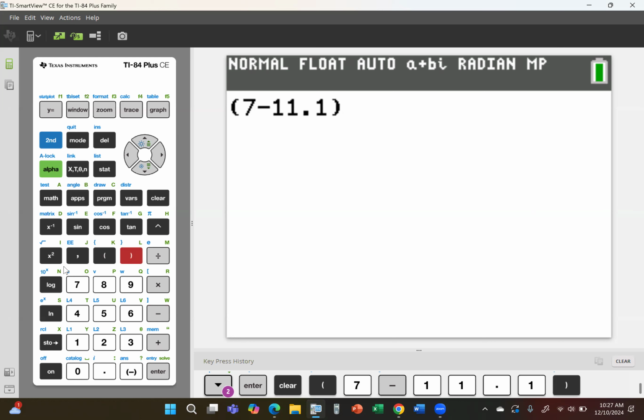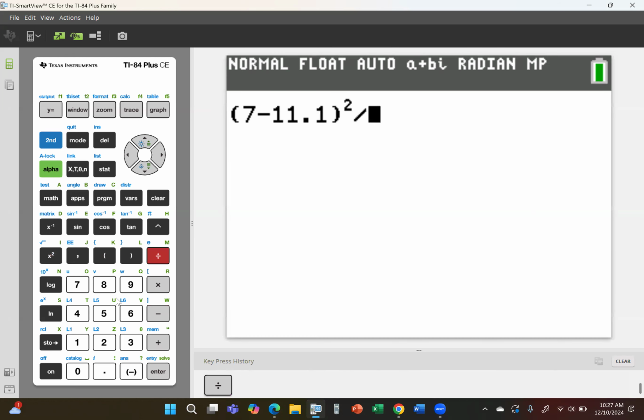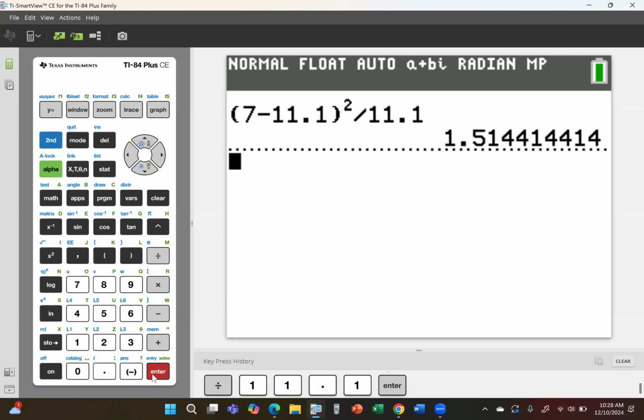I'm going to close that, square it, and divide by the second number, 11.1, the expected value. And I get 1.5141. And they tell me how many decimal places. They report all answers accurate to 3 decimal places. So what would I put in? 1.514.